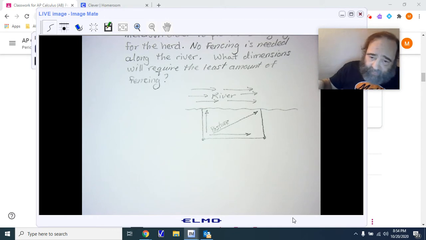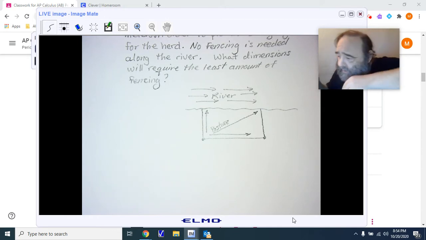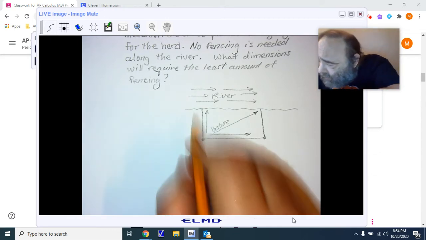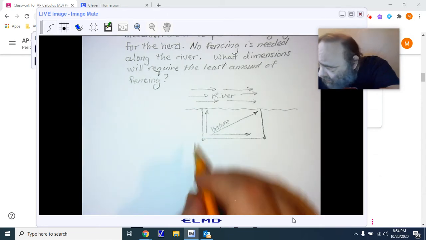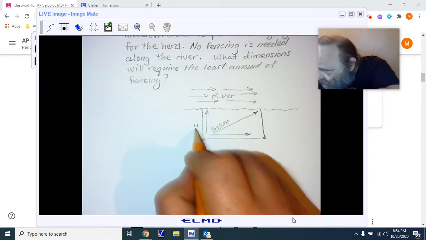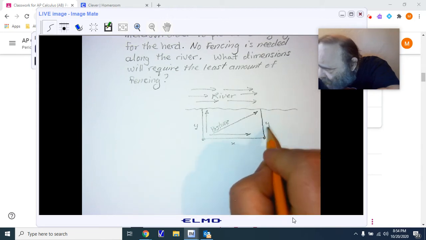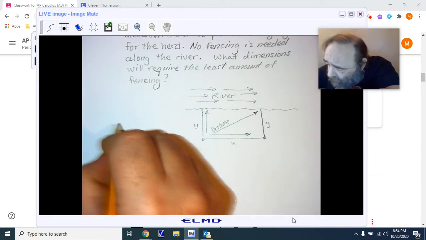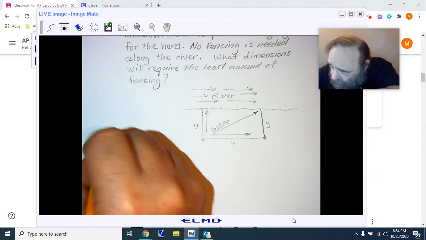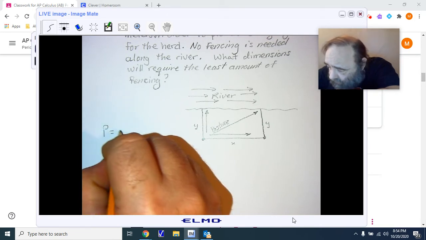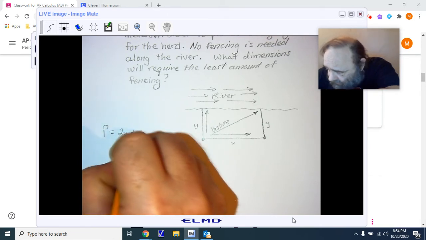Now, the first thing we have to recognize is that they've told us that we want fencing, and fencing is a perimeter. So I can immediately look at this as x, y, and y, which means that my perimeter is going to end up being 2y plus x.